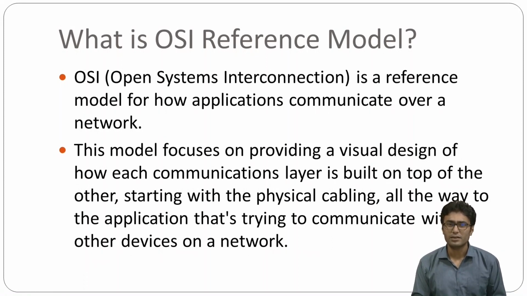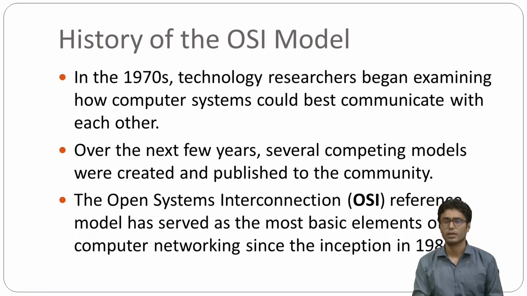Now, after understanding the OSI model, let's have a brief history of the OSI model. In the 1970s, technology researchers began examining how computer systems could best communicate with each other. Over the next few years, several competing models were created and published to the community.